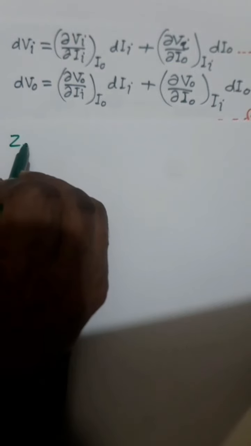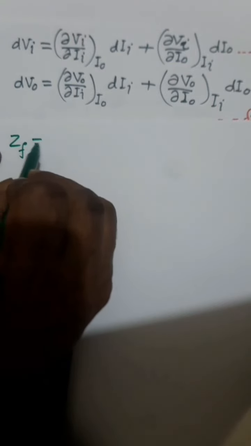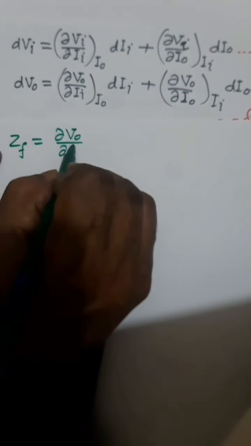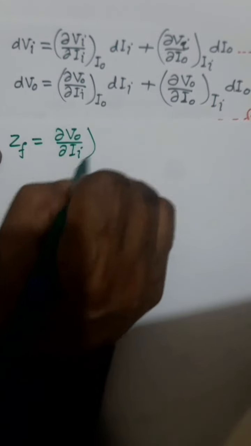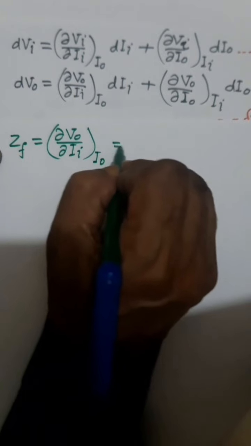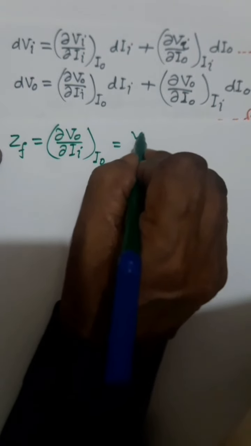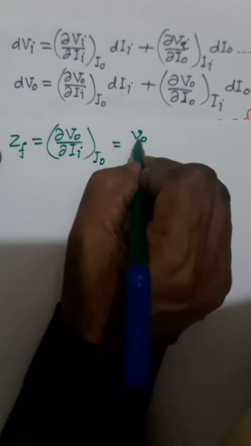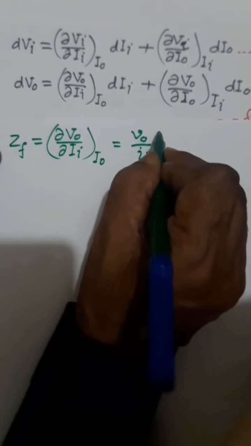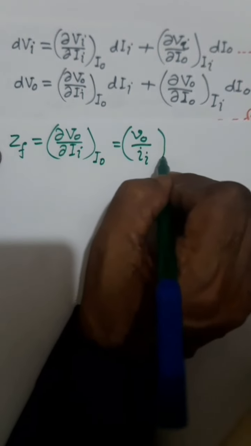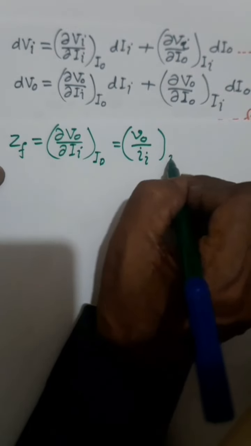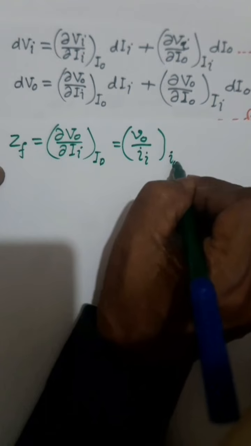Zf equals del Vo by del Ii with Io constant, that is Vo by Ii with AC output current Io equal to 0.